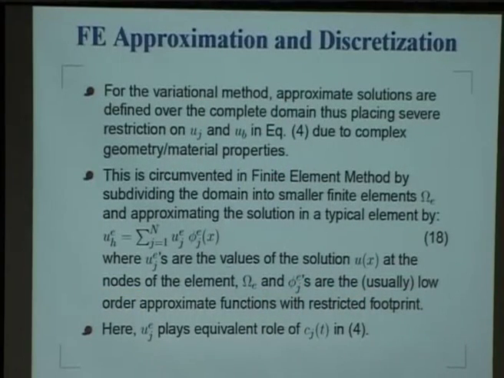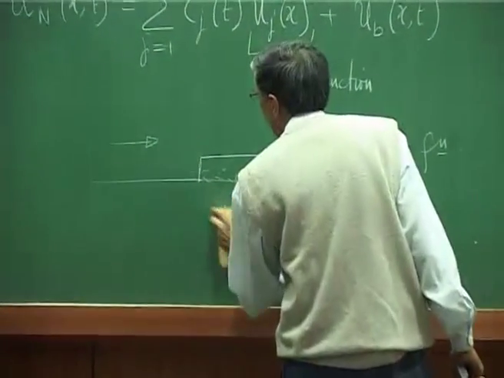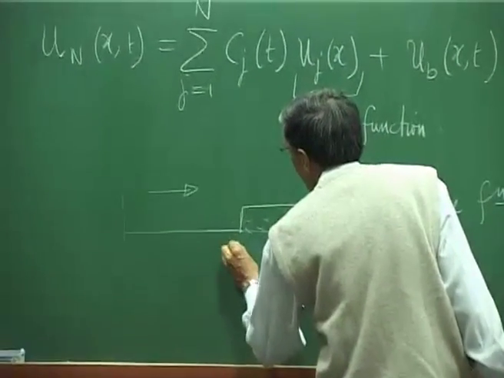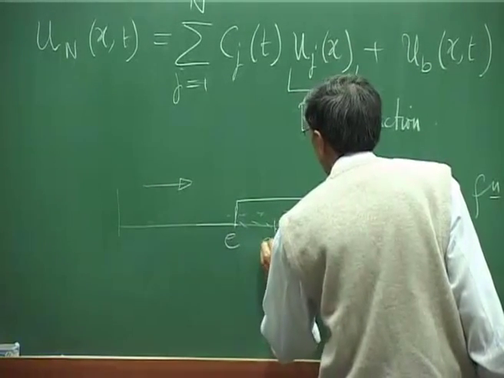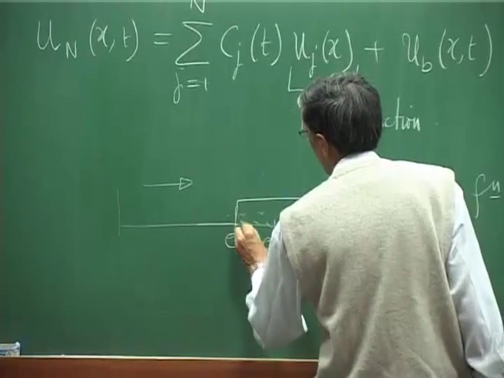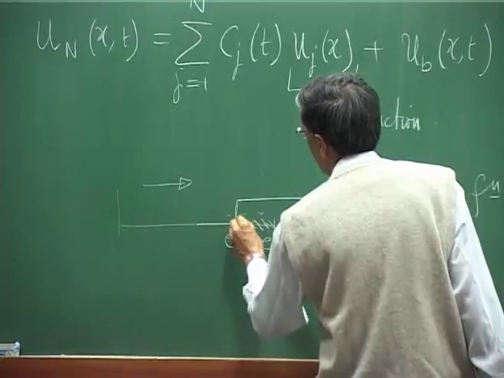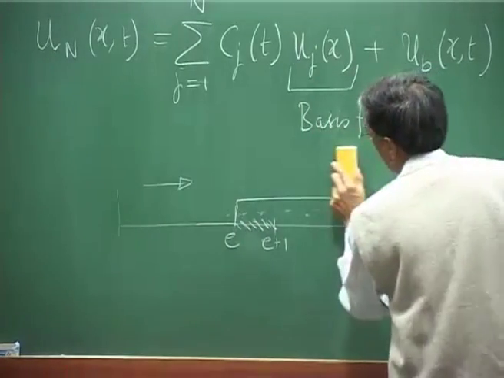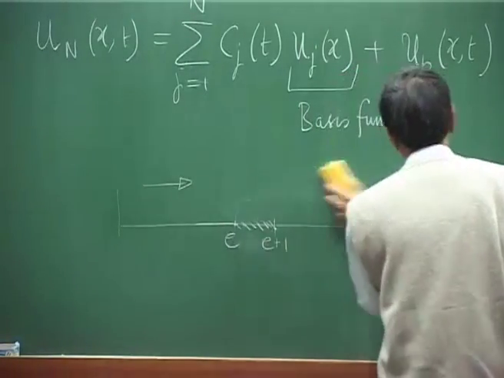That is what we are talking about here. So if I talk about a particular element here, the element is defined, let us say, by the nodes E and E plus 1. So this is your domain element E. Let us erase this part now.